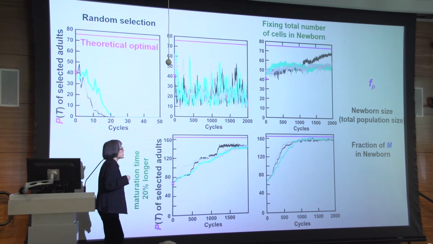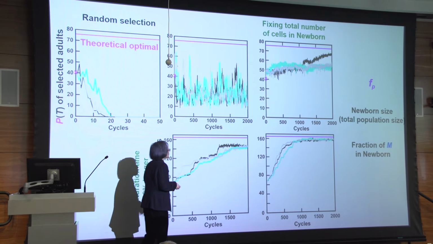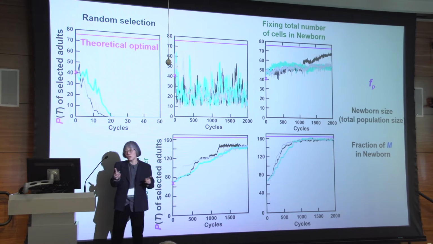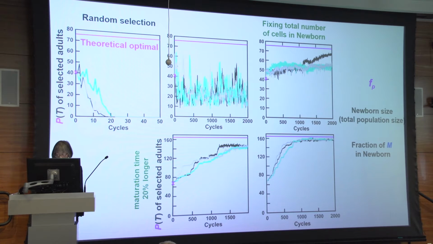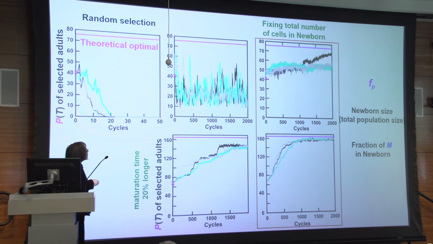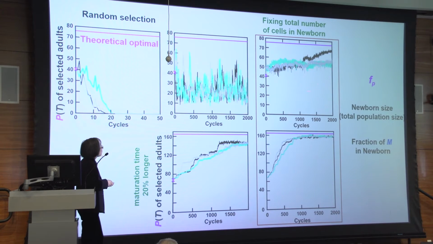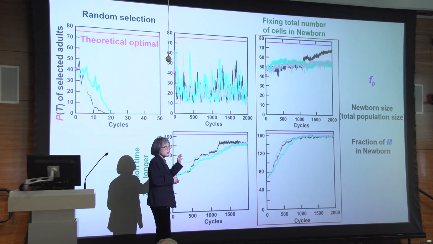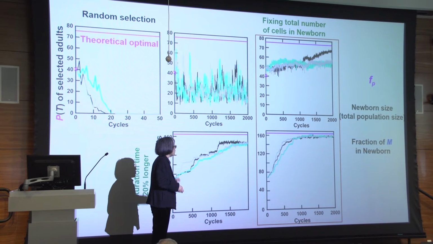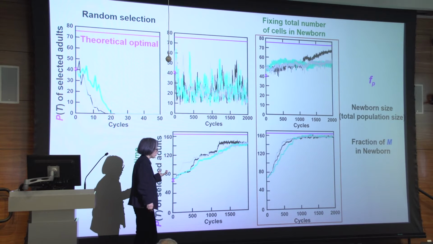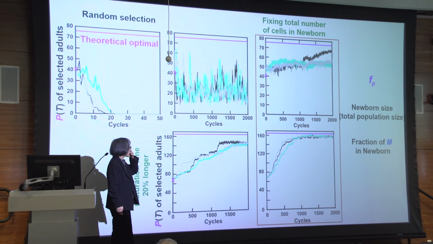So can we understand the quantitative difference between these two? I want to introduce you to the concept of community function landscape. Recall that community function depends on FP, which is heritable, newborn size, which can fluctuate in a non-heritable fashion, and also fraction of manufacturer in newborn, which also can fluctuate in a non-heritable fashion.